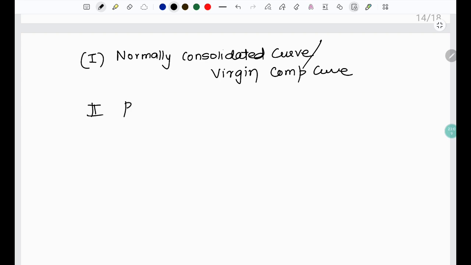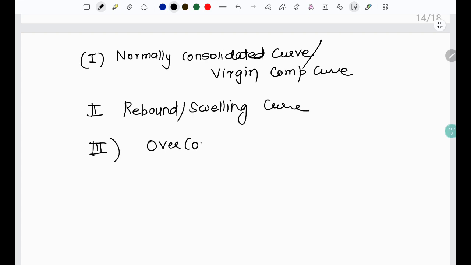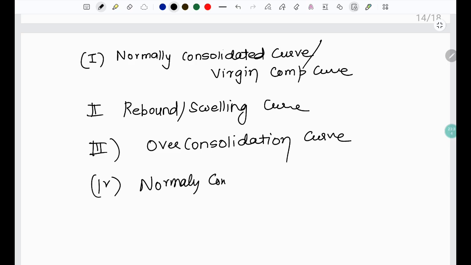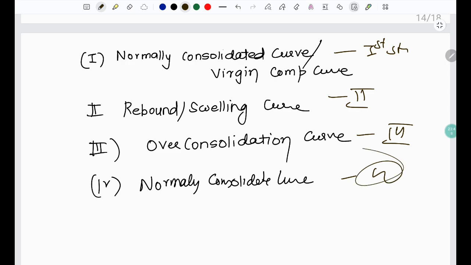The second one is called the rebound or swelling curve, the third one is called the over consolidation curve, and the fourth one is called the normally consolidated curve. We'll see again why the normally consolidated curve came. So this is our first stage, this is second, this is third, and this is fourth. So let's see what happens.